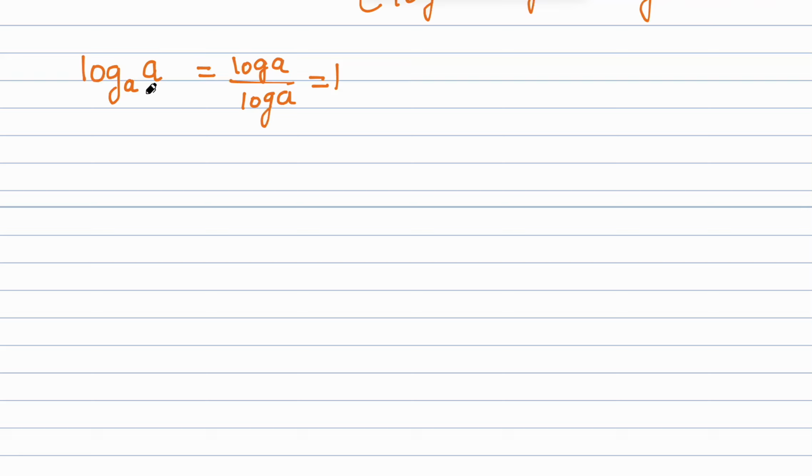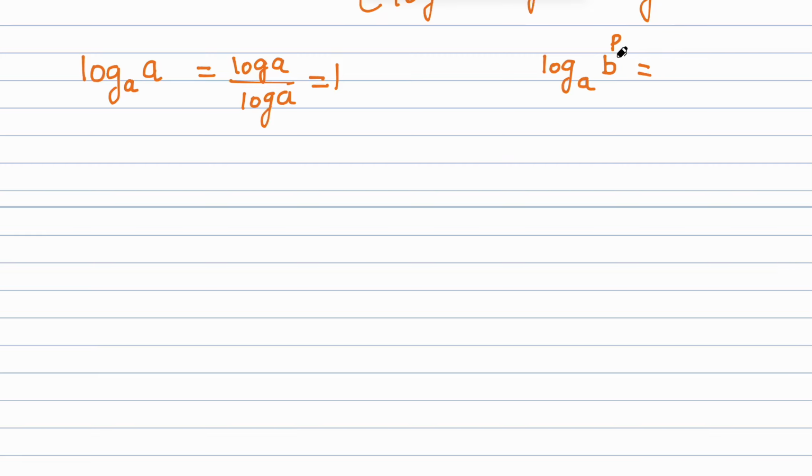Now this again can be used magically, but for that we have to learn one more property. Suppose I have some base a and this is b, and this b has some power, let's say square or cube or whatever the power is. Let's say the power is p, right?